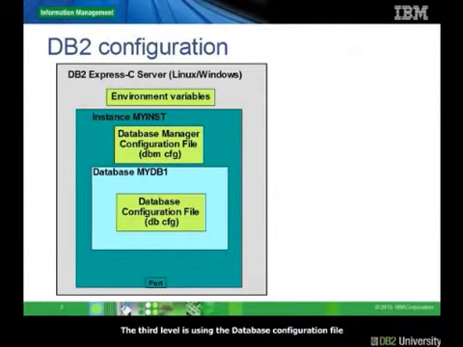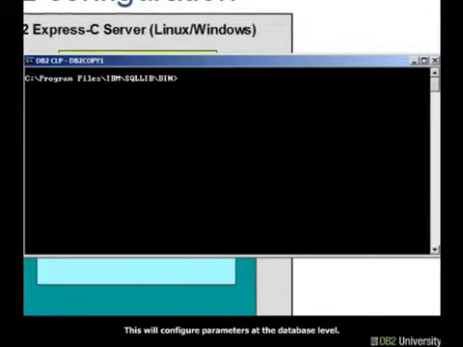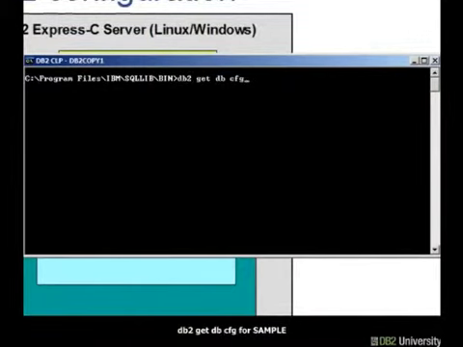The third level is using the database configuration file or DBCFG. This will configure parameters at the database level. To review DBCFG configuration parameters, issue the command db2 get dbcfg for sample.